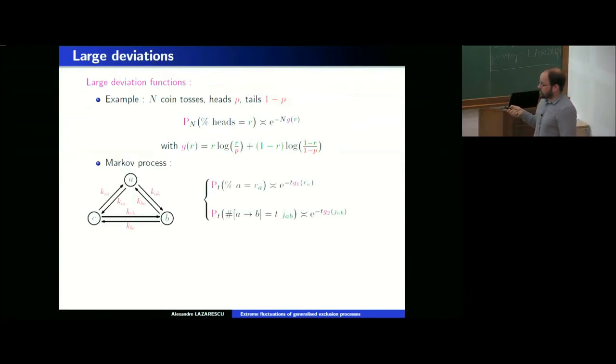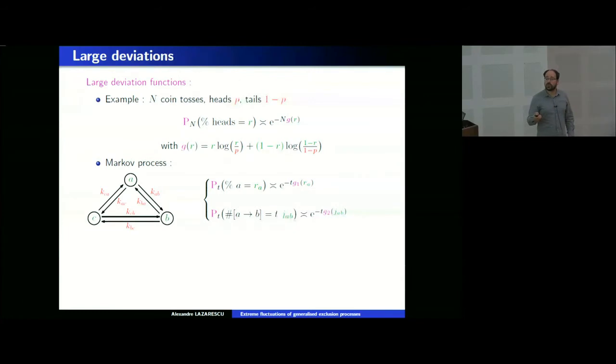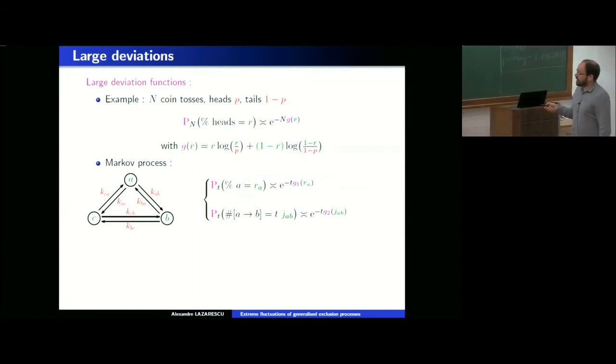I'll be looking at continuous time Markov processes and dynamical large deviations of those. So here's an arbitrary continuous time Markov process with 3 states and some rates. I could look at the probability of staying for a certain fraction of time in a certain state, which would behave with a certain large deviation function.